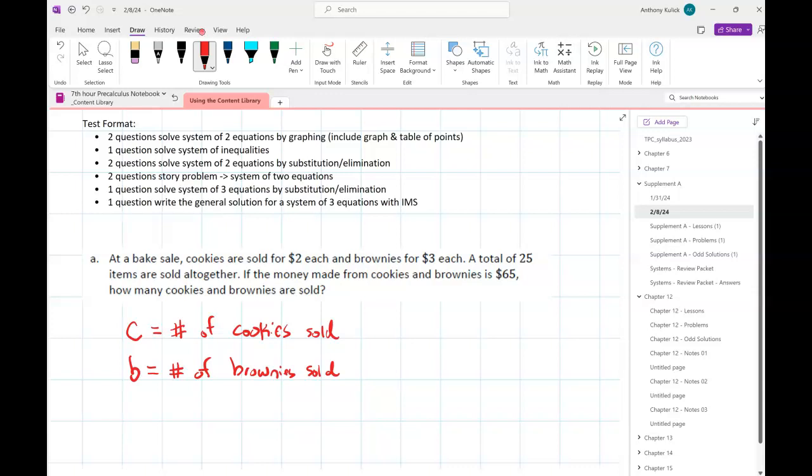So C is the number of cookies sold, B is the number of brownies sold, right? Everybody's happy with that? Okay.